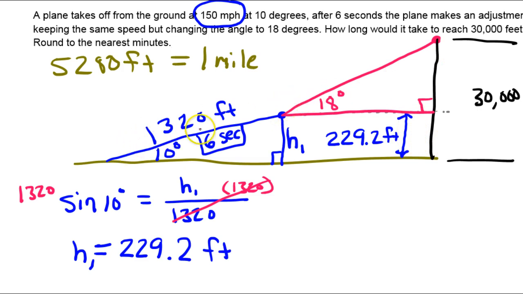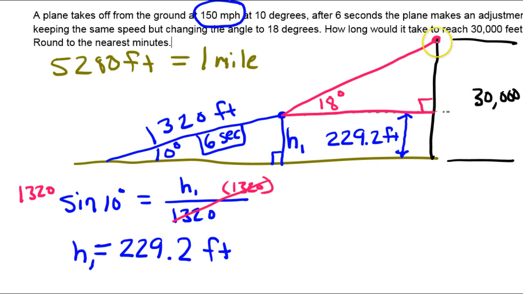Just like we found this part of the path, it will be useful to know the pink part of the plane's path, right? The plane went from here and then went like that. But to do that, we need this side of the triangle, okay? Not all the way down, but just the part up here. That's why we needed the 229.2.